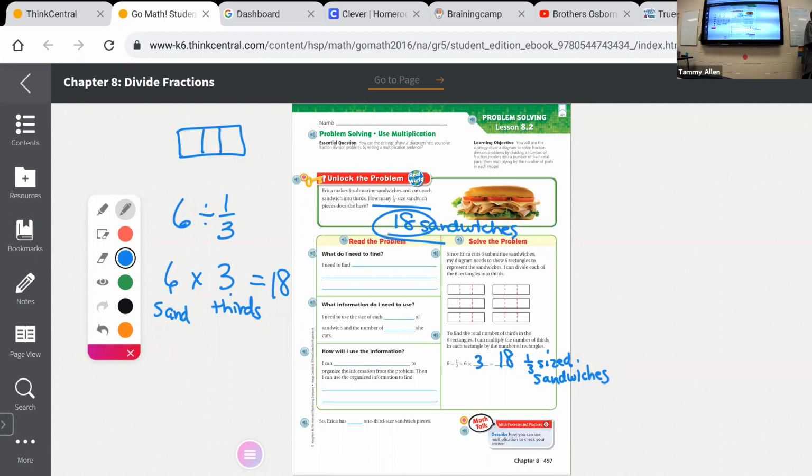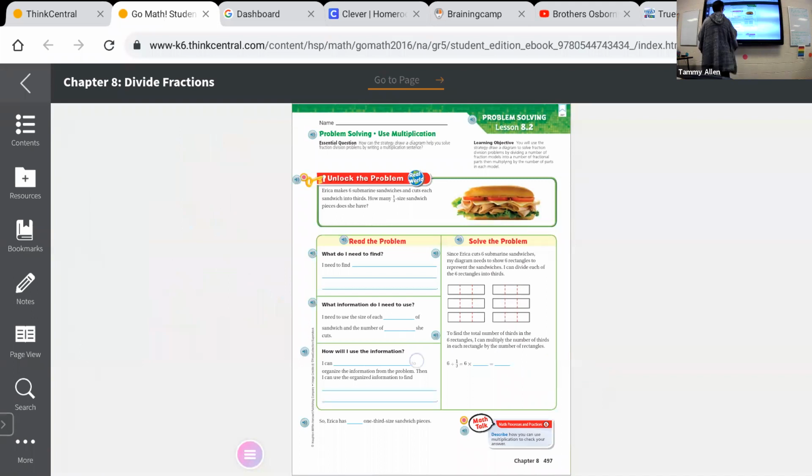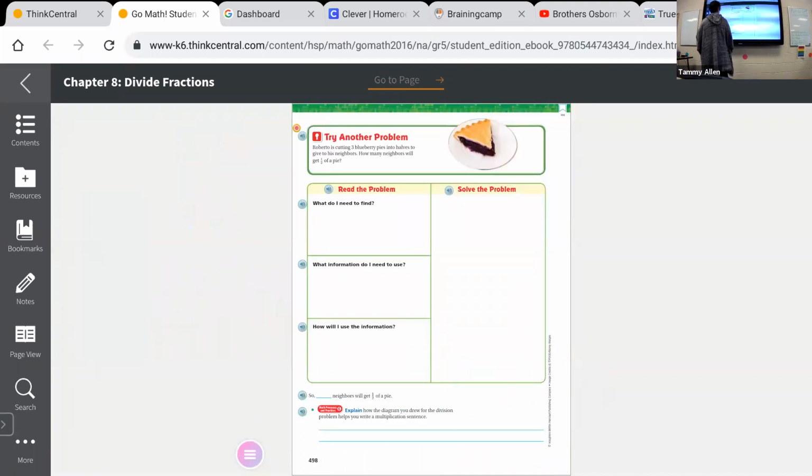Take a look on 498. Roberto is cutting 3 blueberry pies into halves to give to his neighbors. How many neighbors will get half of a pie? What would that picture look like? Jonathan?